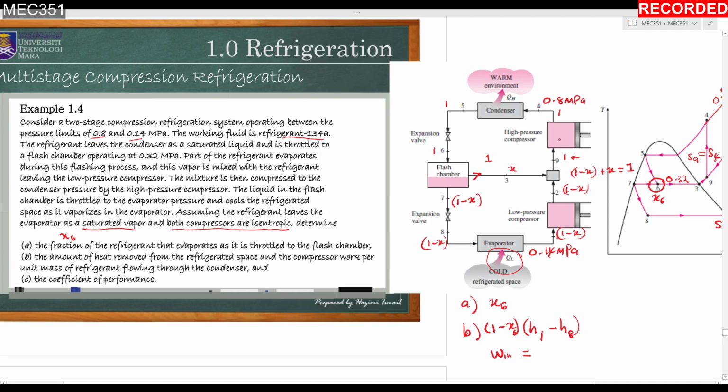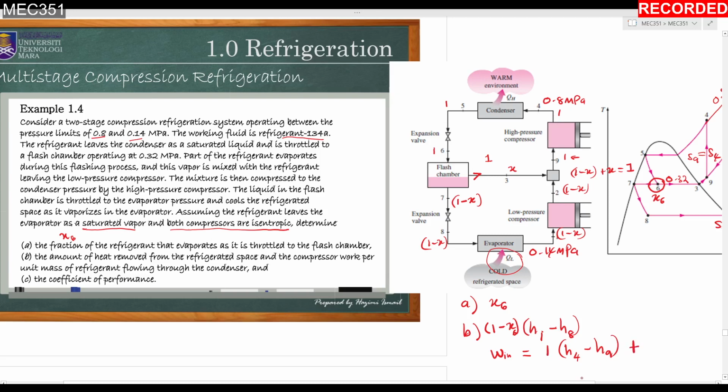So the high pressure compressor is between state 4 and state 9. To find its work in, we need to find the enthalpy change, H4 minus H9, and you have to multiply with the fraction, so here we have fraction 1.